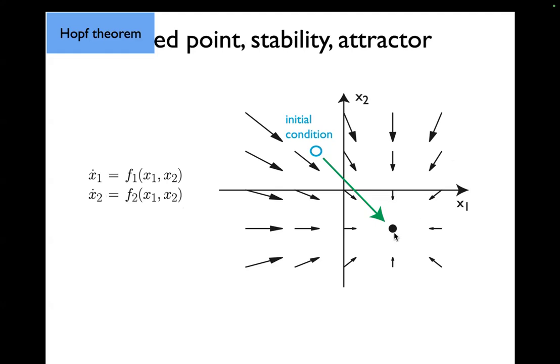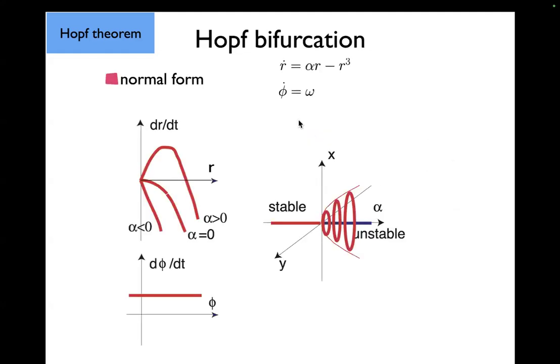And so fixed point attractors will all transfer to that. And the Hopf bifurcation, again, is a bifurcation in which there is a stable fixed point that becomes unstable. And what happens is that then an oscillation arises once the stable fixed point disappears.